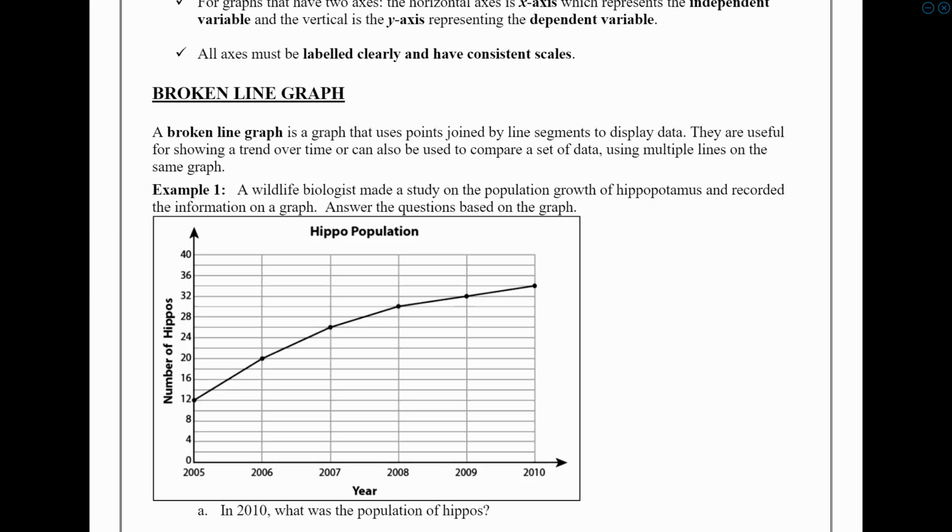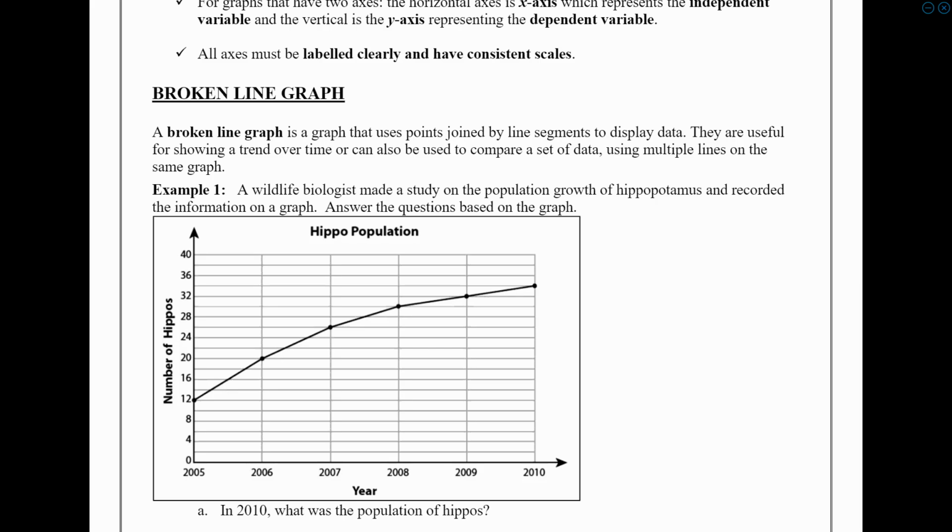One of the things I'll mention initially: in general, when there's a line on a graph, it's saying the stuff in between these points matters. So, on this example of hippo population, the reason these data points are connected is it's saying the amount of hippos over this time changed from here to here, or there was stuff happening between whenever this was in 2005 and whenever this was in 2006.